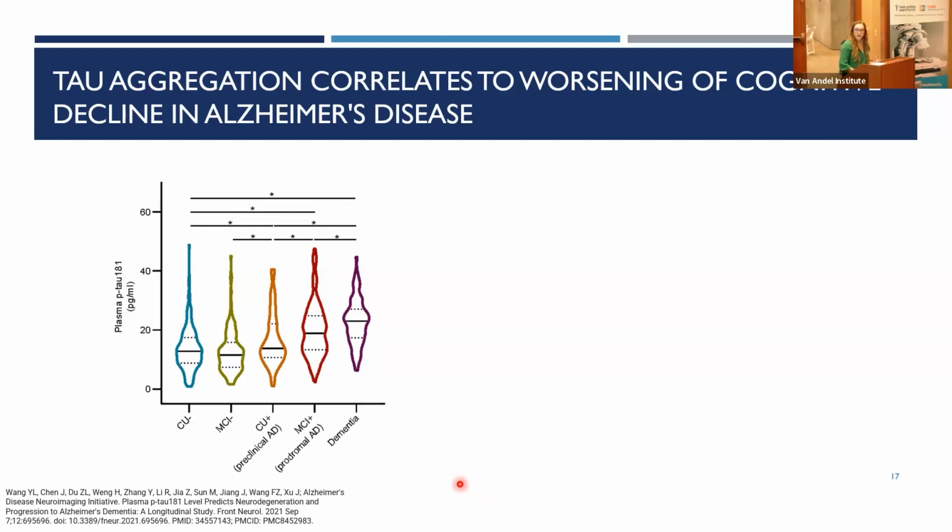What you can see in this graph here is that when we have a cognitively unimpaired patient, they measured the levels of aggregated tau in the blood and blood plasma, which is a component of yours. And as cognitive impairment worsened, so as the patients progressed throughout disease, what they found is that the levels of aggregated tau in the blood also increased.